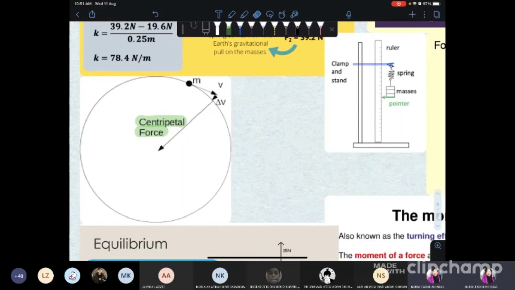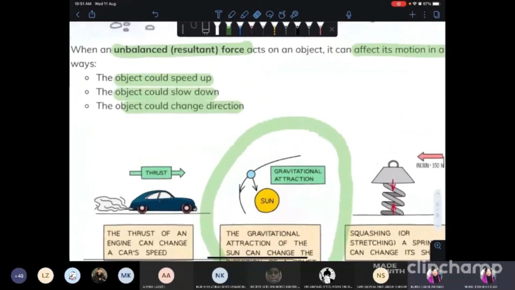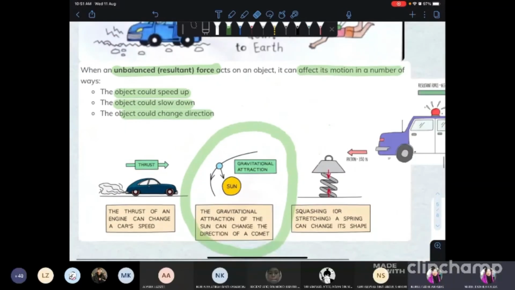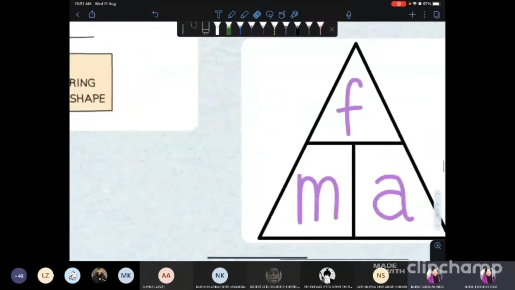Okay, but my question is, why do we have centripetal force? So in order to answer that one, you go back to this. Okay, kita ada centripetal force because the force is unbalanced. Okay, and then what is the formula of force?